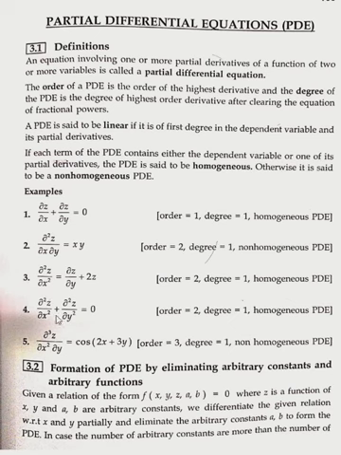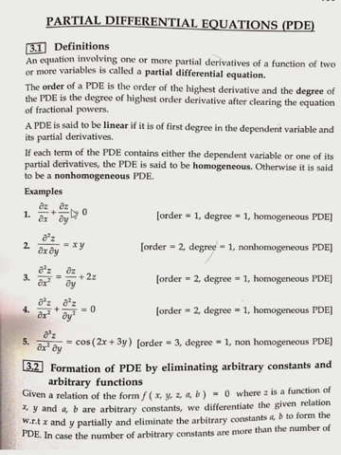And this is also homogeneous, because every term in the partial differential equation contains either z or one of its partial derivatives. Here also, the partial differential equation contains either the dependent variable z or one of its partial derivatives. Therefore, this is a homogeneous differential equation.